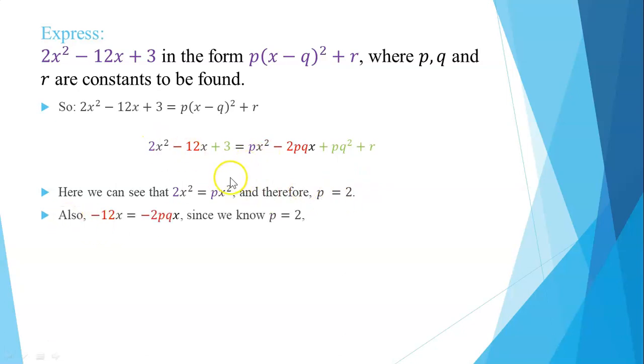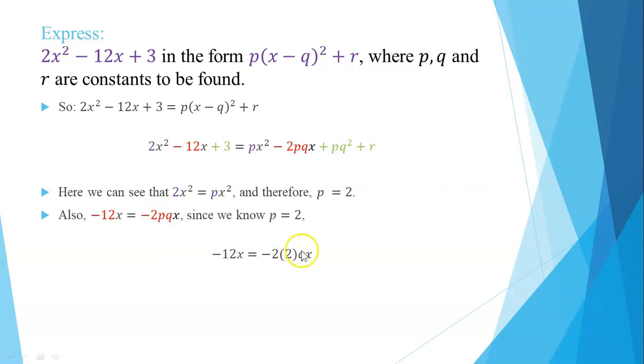Then we move to the next term, the x terms. Negative 12x on the left hand side has to be equal to negative 2pqx on the right hand side. In this case we know what p is, so we can sub in p on the right hand side.